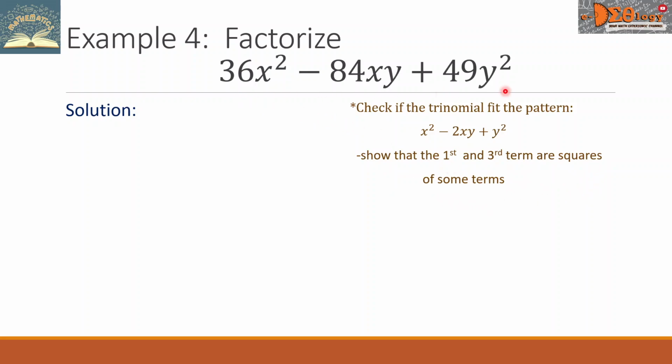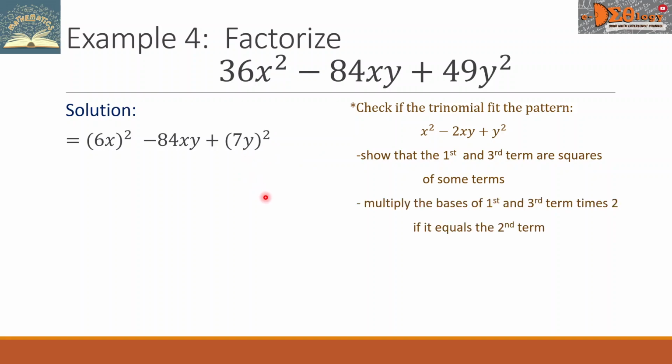We will rewrite the trinomial and it becomes like this. The 36x squared we can write as the square of 6x, while the 49y squared we can write as the square of 7y. Next, we're going to multiply the bases of the first and third terms times 2 to see if it equals the second term. Let us rewrite the trinomial down here.